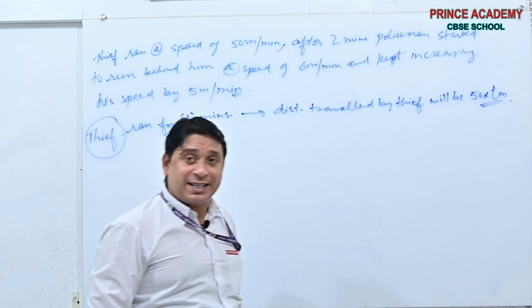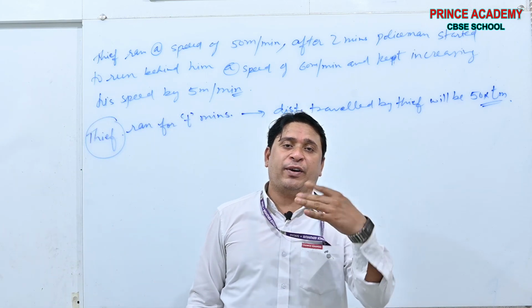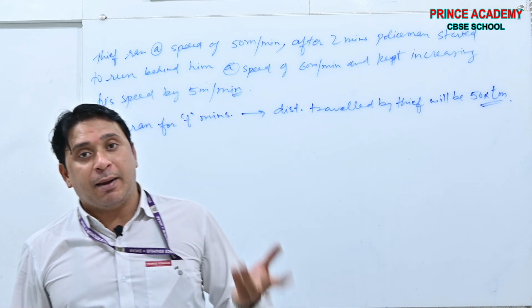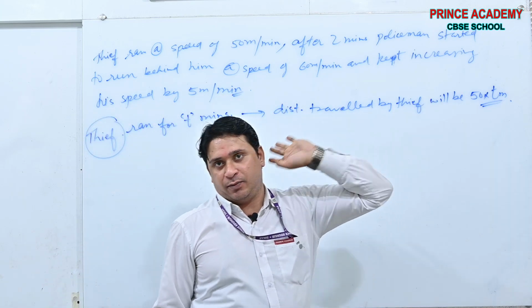Yes or no? This is the distance traveled: in 1 minute 50 meters, in 2 minutes 50 into 2, in 3 minutes 50 into 3, in T minutes 50 into T. So much distance is traveled by the thief.